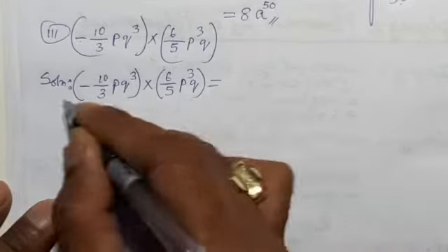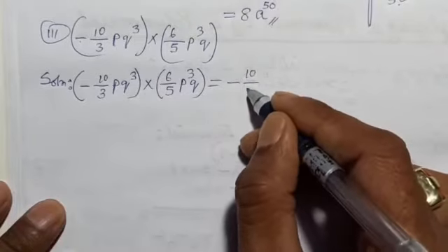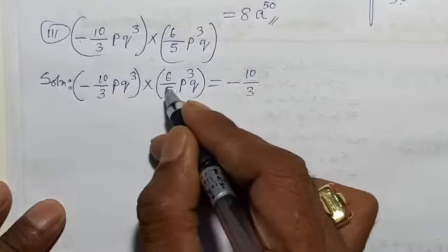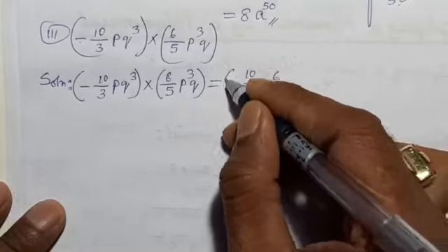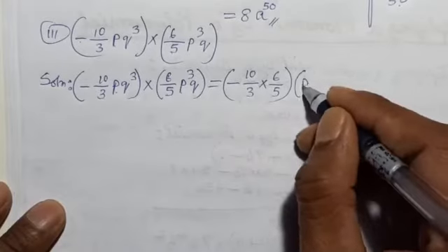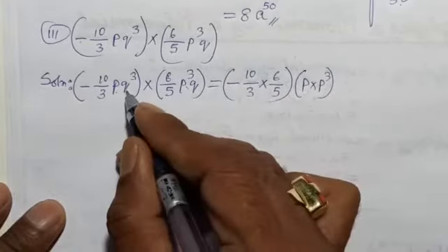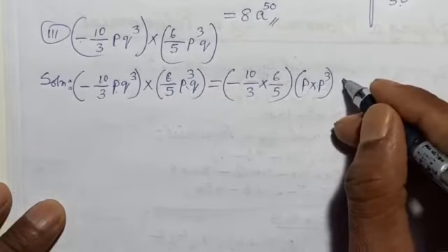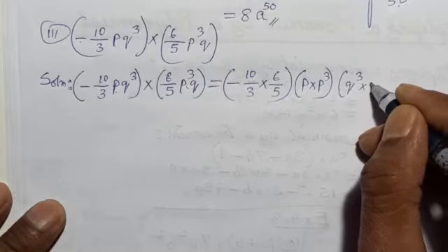Now let's multiply these two. Here the first number is minus 10 by 3. Minus 10 by 3 and 6 by 5 will multiply. After that, this p will be multiplied by p cube. P into p cube. After that, this q cube will be multiplied by q. Q cube into q.